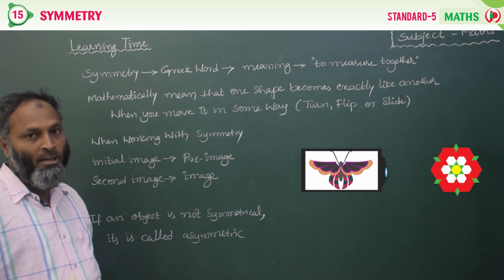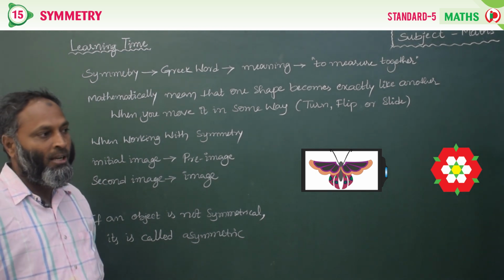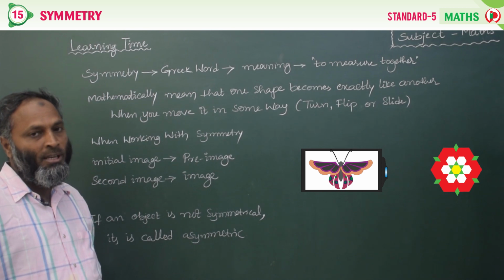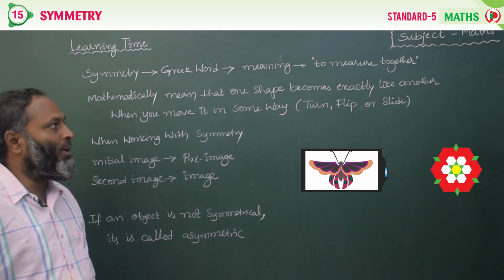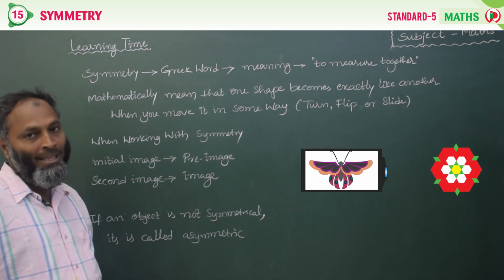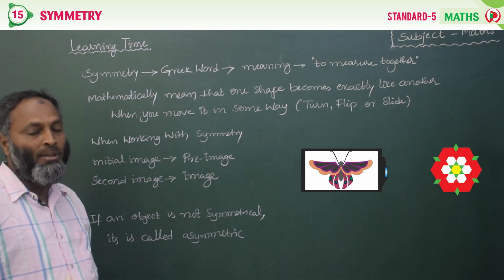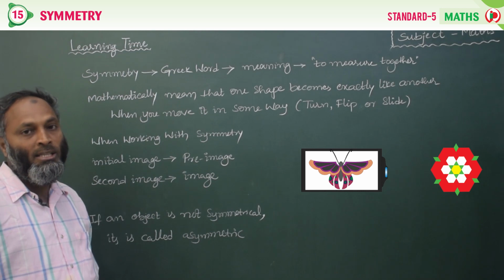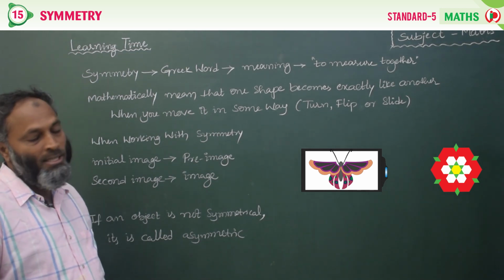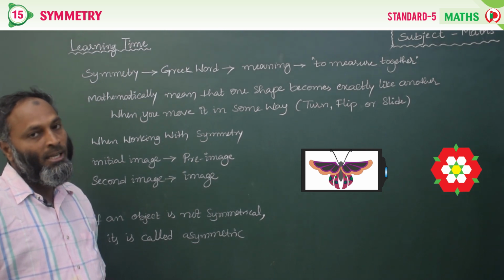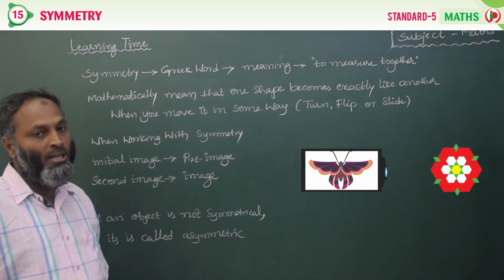If two, three or four shapes are there and we compare them, the shapes should be exactly like one another. They look the same, with the same shape and size.